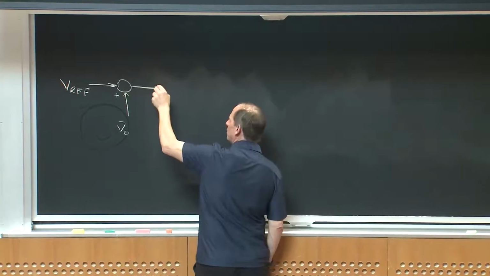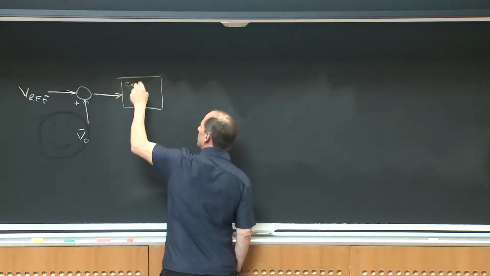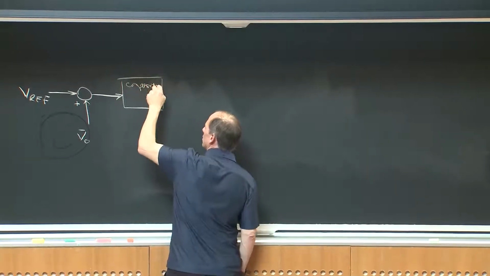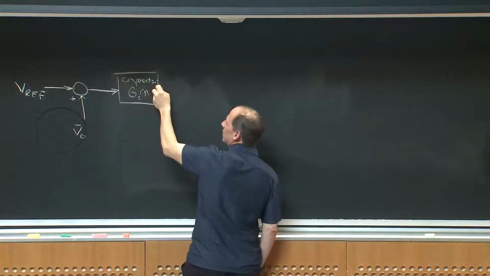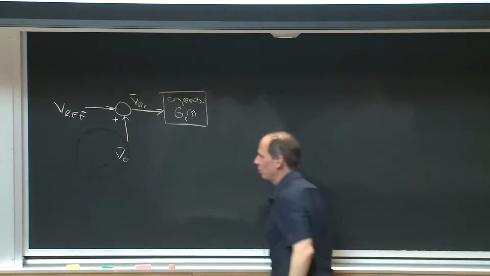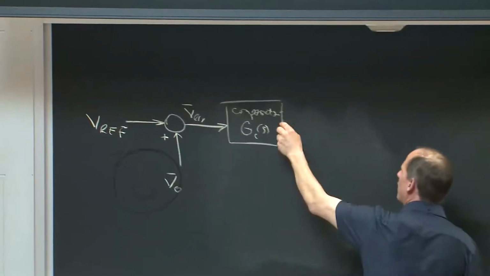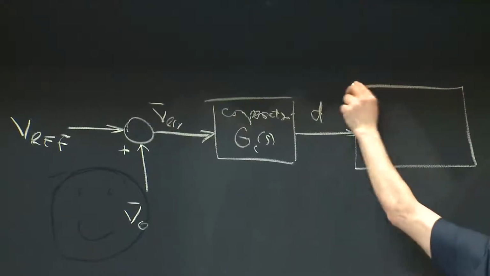I'll put that into some compensator, which maybe I'll call GC of S, right? So this is the error. Maybe I think about the local average error. And then I'm going to get a duty ratio, and then I'm going to put that into the model for the converter.